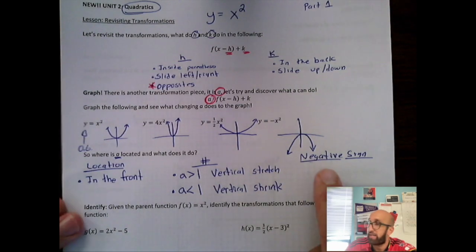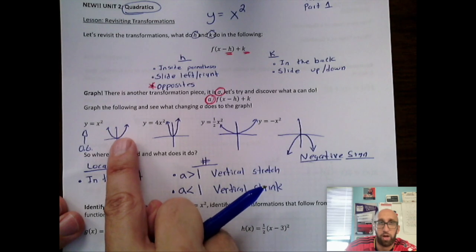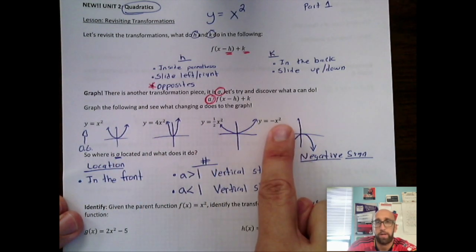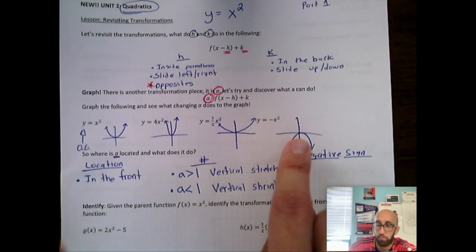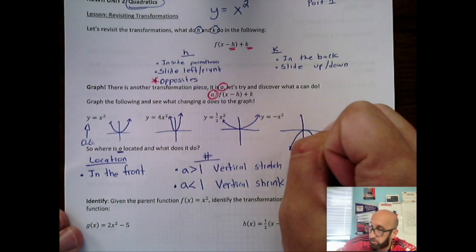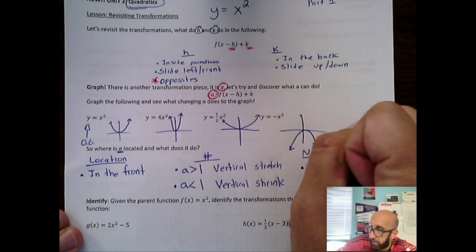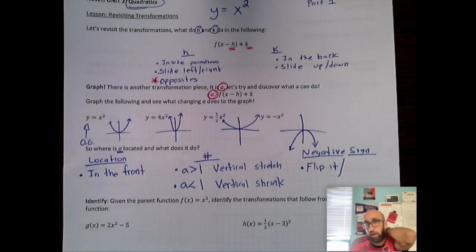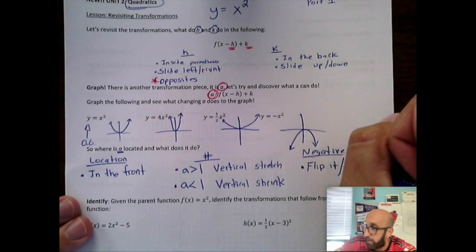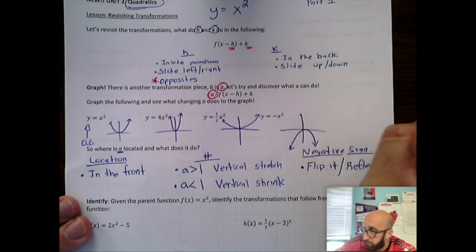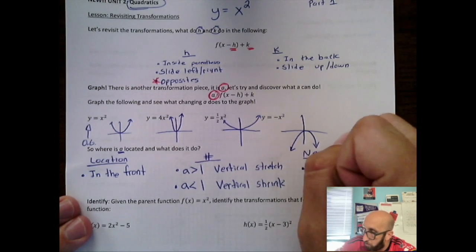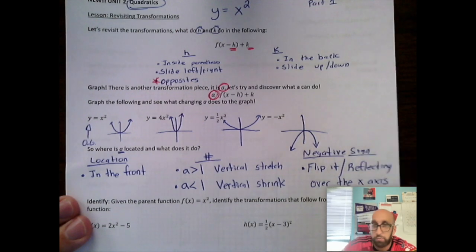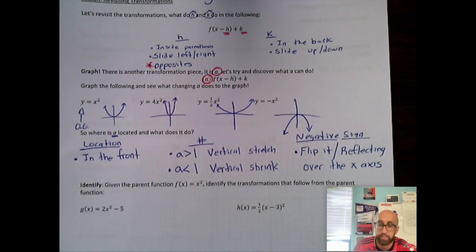Now, what the negative sign is going to do, you kind of notice all these graphs were opening up, and all of a sudden, oh, what happened here whenever we had our negative sign? What the negative is going to do, you could describe it two ways, is it is going to flip the graph. The more technical way of describing it, it is reflecting over the x-axis.